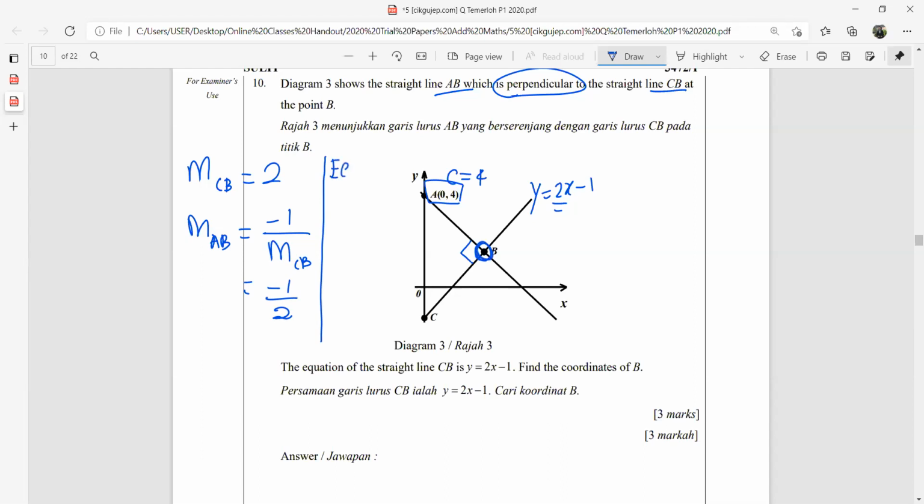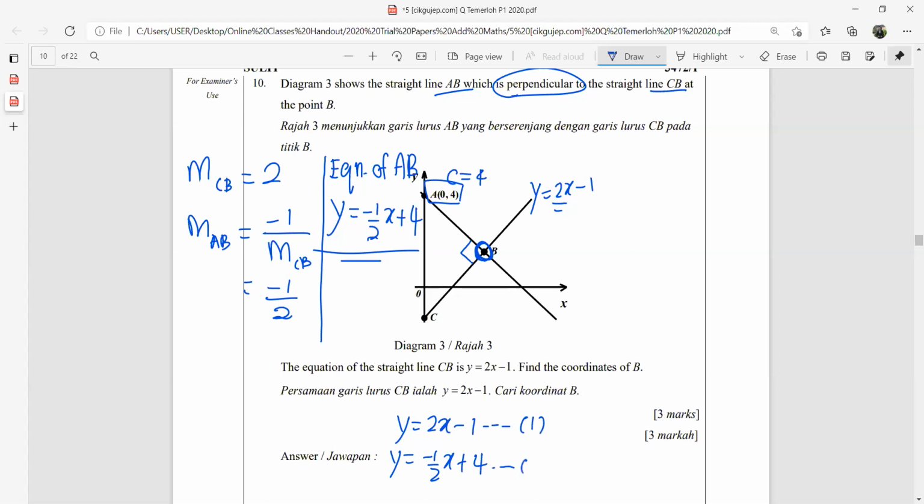So the equation of AB is y equals mx plus c. Then you have two equations: y equals 2x minus 1, and y equals -1 over 2 x plus 4. Equation 1, equation 2.